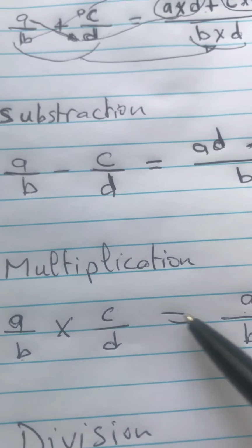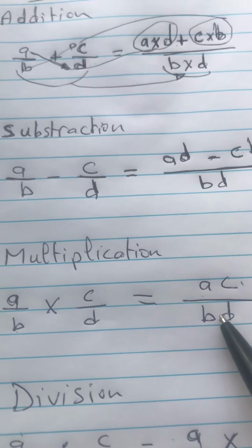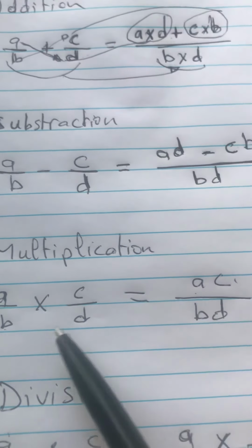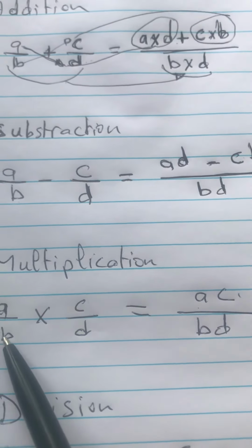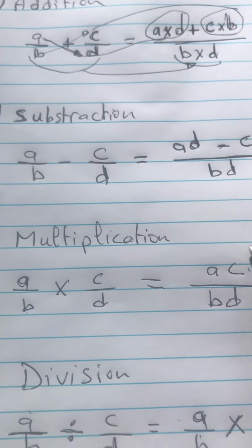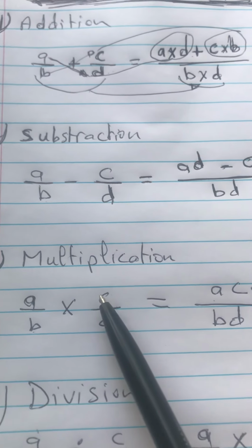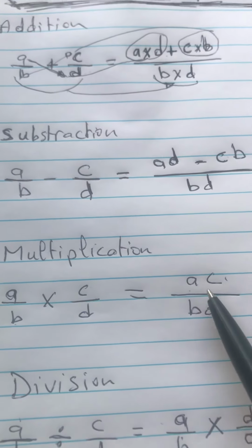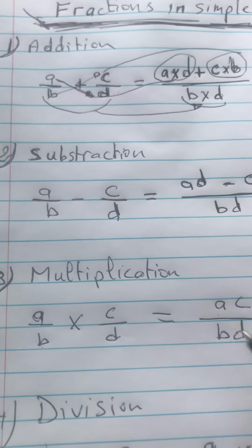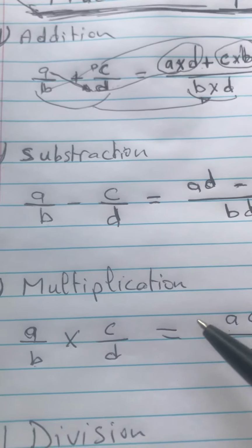So the answer is straightforward. We start with the denominator, b times d comes here. Then the numerator is a times c. Then apply the numbers when you've been given the numbers.